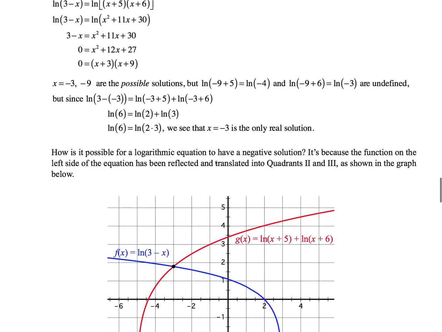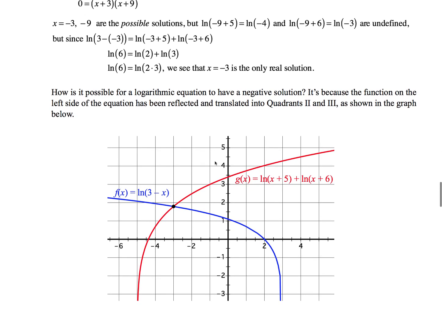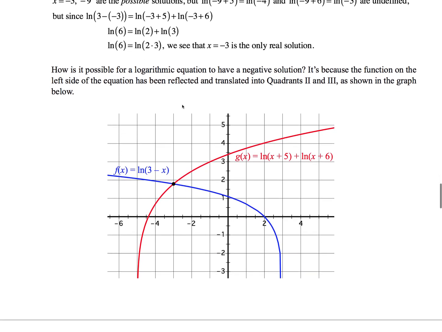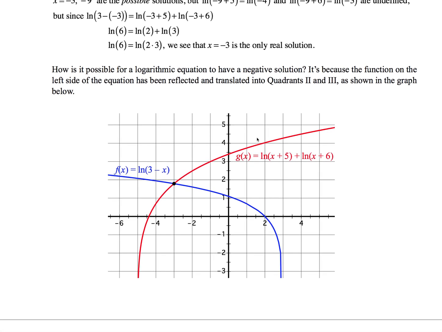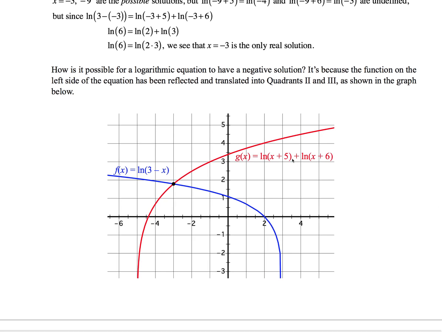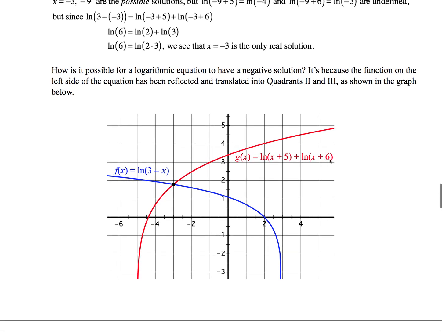Now, why or how can you have a negative solution to a logarithm equation? Well, it's because of this. This red graph is the natural log of x plus 5 plus the natural log of x plus 6. This blue graph, this function right here, is natural log of 3 minus x.